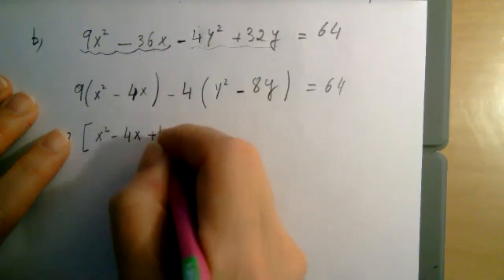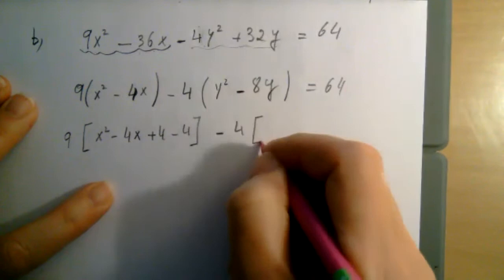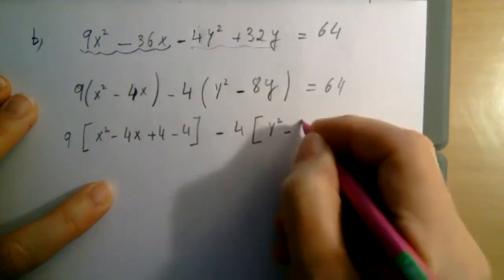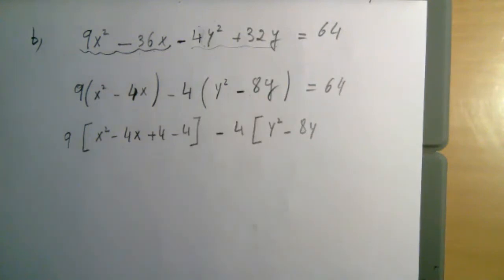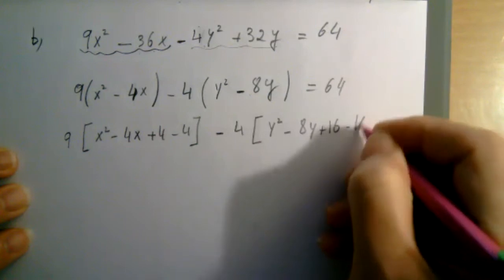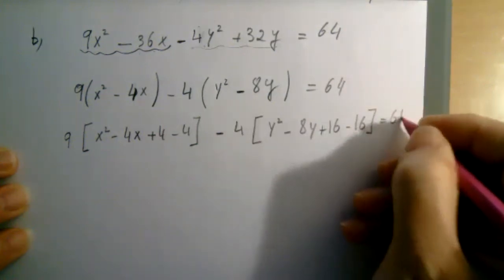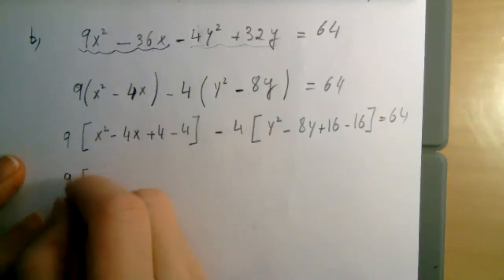The coefficient of x divided by 2 is 2. Square it, add it, subtract it, minus 4 times. I'll do the same here. The coefficient of y is minus 8, divided by 2 is minus 4. Square it, add it, equal 64. So we do it very slowly, and then the rest is simple.